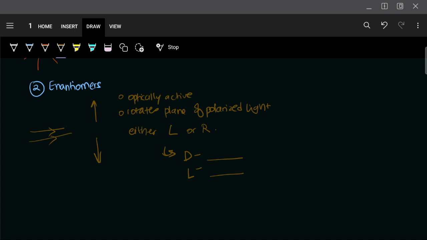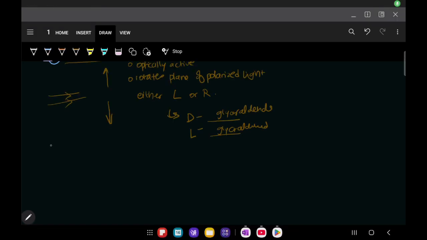An example can be D-glyceraldehyde or L-glyceraldehyde, right? The term we discuss is isomers, which actually falls under both of these categories because it's relevant to both of them. We discussed what chiral means.